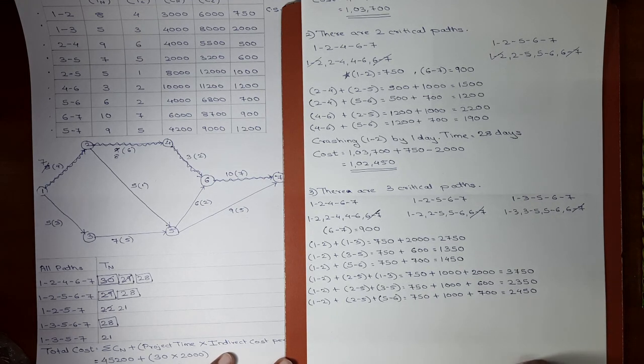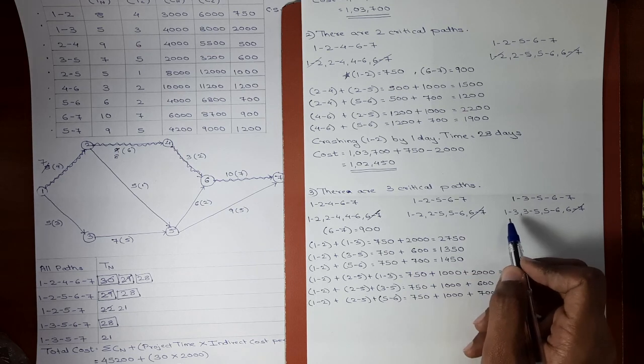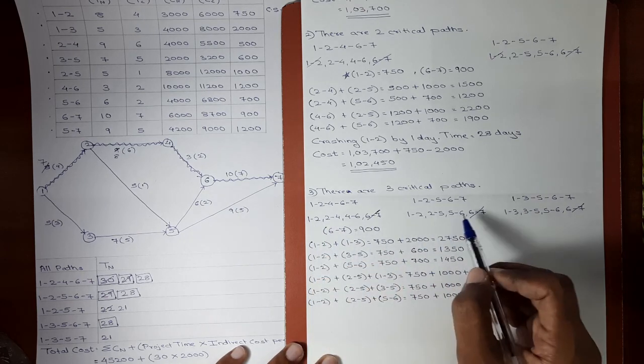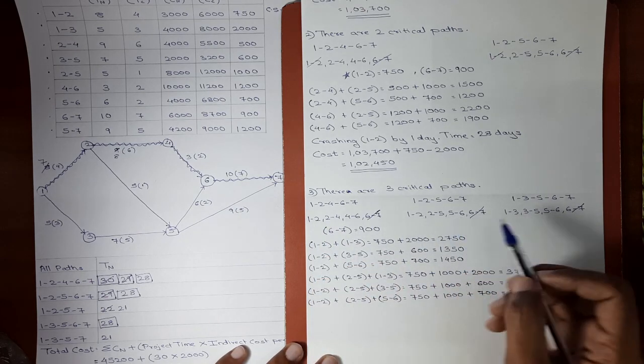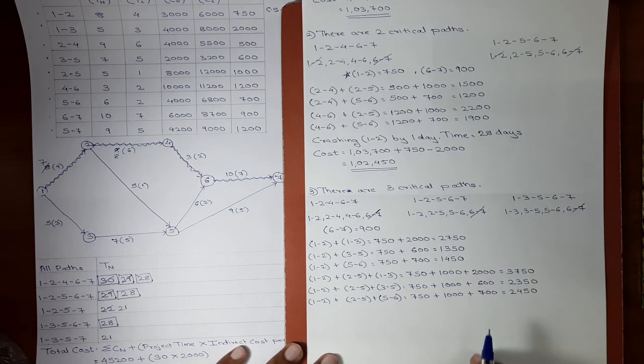Okay. Now our next set of combinations will be first activity from first path, third activity from second path, and first activity from last path.